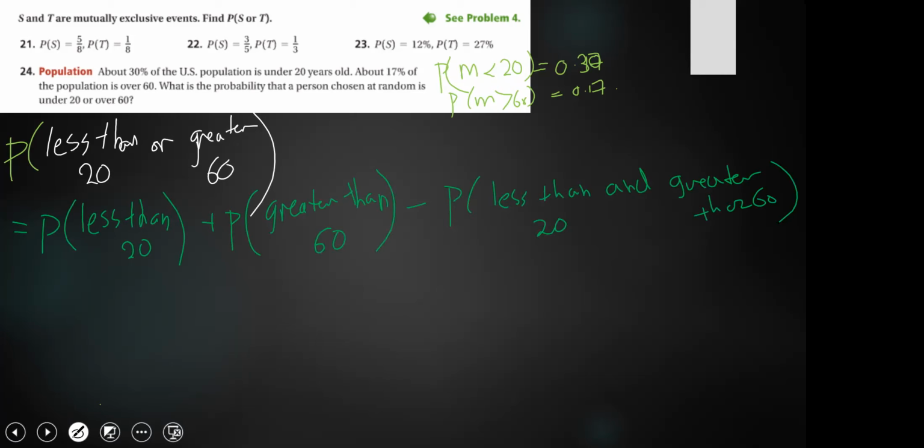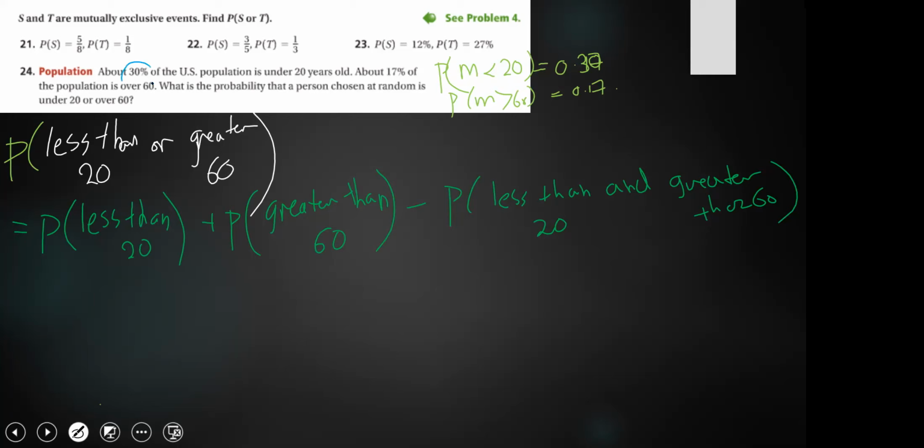So here we have to find the probability of a man who is less than 20 or greater than 60. Or means the probability of a man less than 20 plus the probability of a man greater than 60 minus less than 20 and greater than 60. Now, what is the probability of a man less than 20?